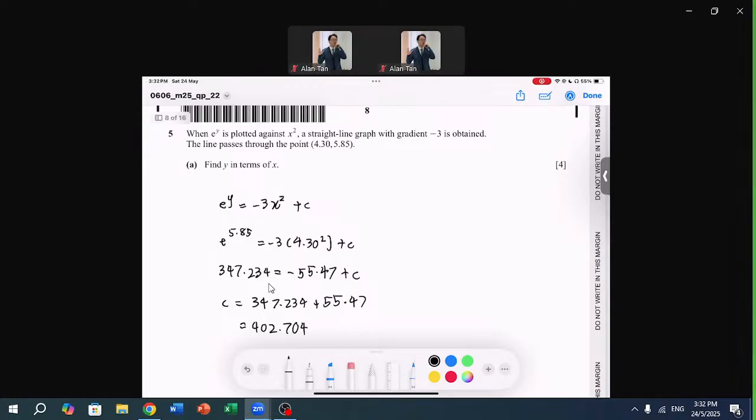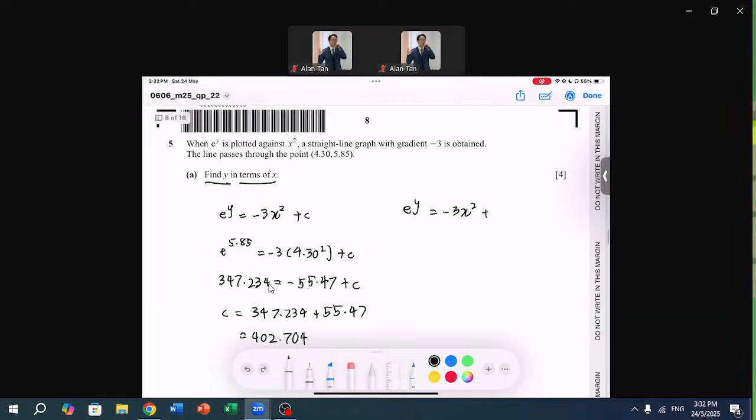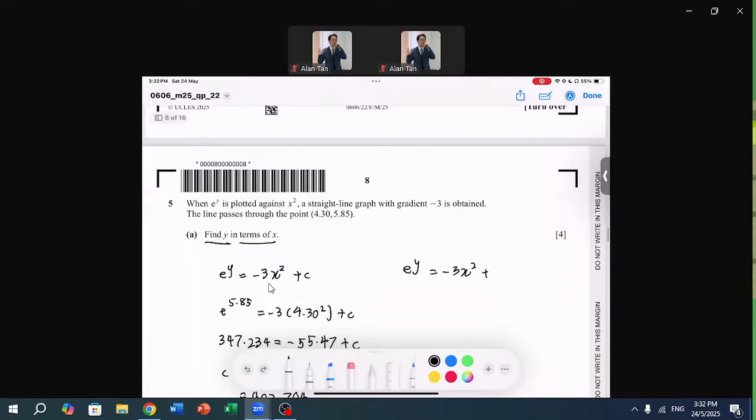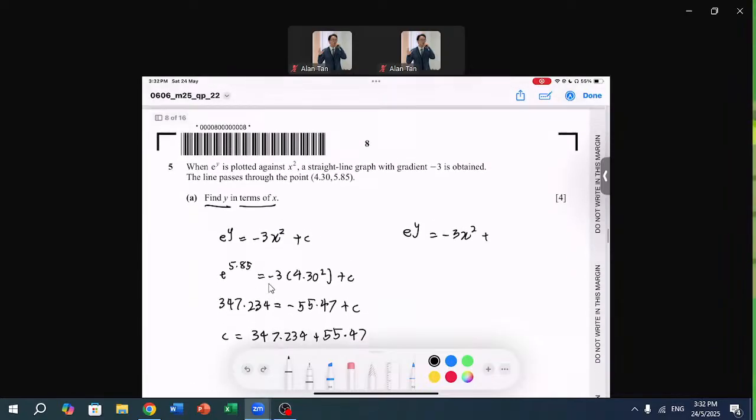Find y in terms of x. So the question is asking us to find y in terms of x. So ln y equals negative 3x squared plus 402.704.